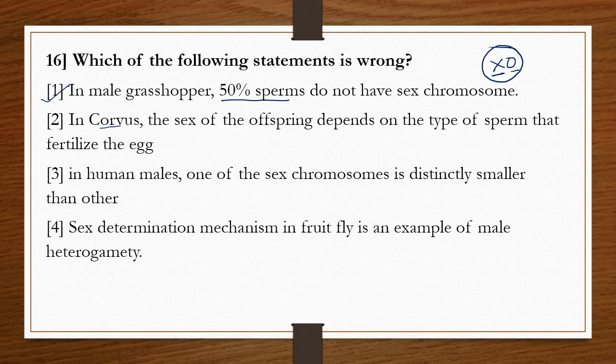In Corvus, the bird, the sex of the offspring depends on the type of egg that is fertilized by the sperm.